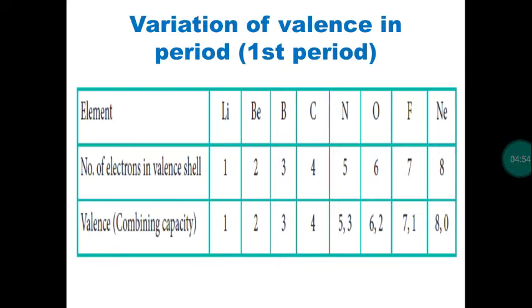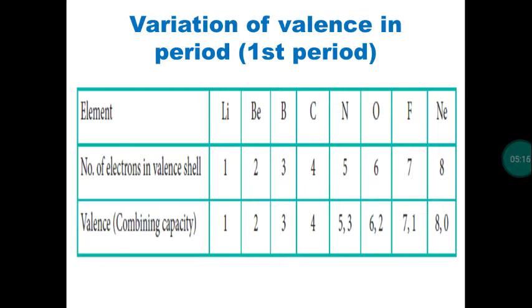Now a valence electron is nothing but an electron present in the outermost shell, right? So what is the outermost shell in a second period element? The outermost shell is the second shell. So 1s, 2s, 2px, 2py, 2pz: all these orbitals will be filled in the second period.